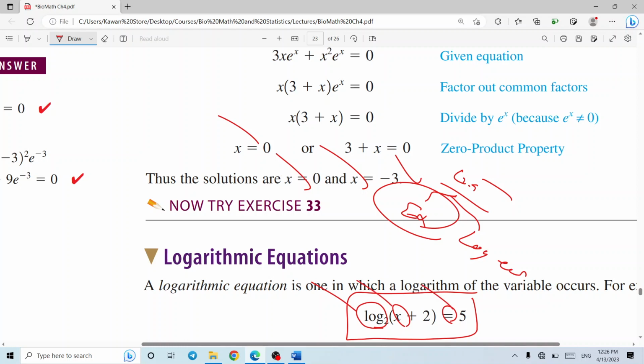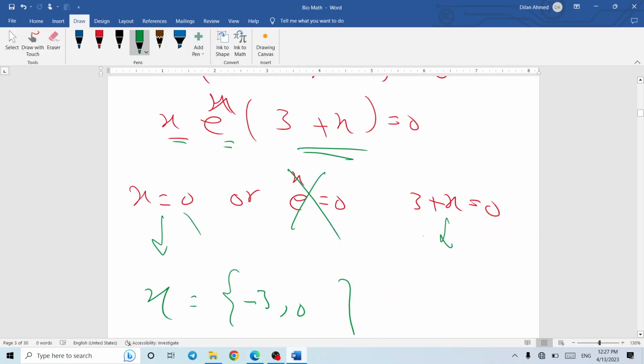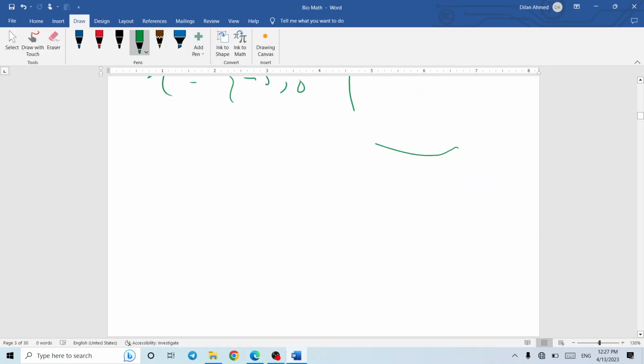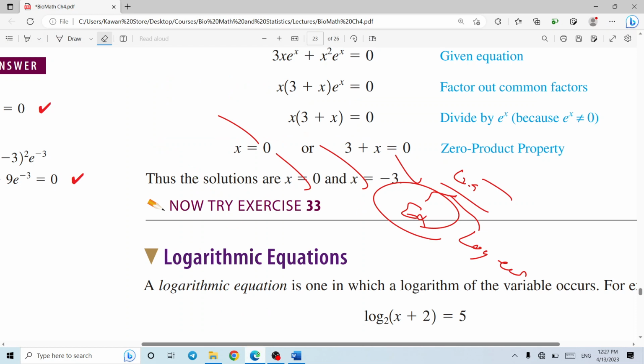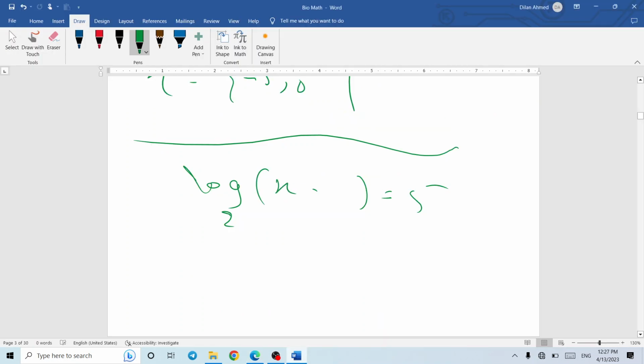So how do we solve that one? What do you think? In your mind. Log base 2 of x plus 2 equal to 5. Yalla. How do you solve it in your mind?